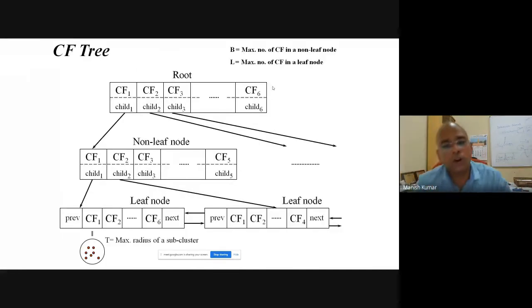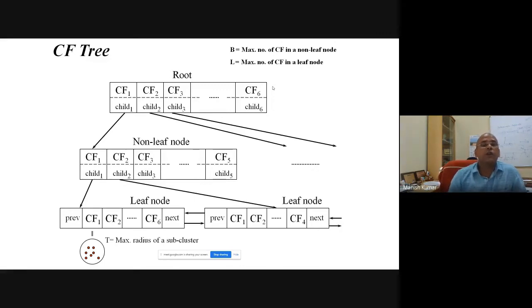This is a snapshot of one BIRCH clustering outcome. You have the root, then you have several branches. Each of the nodes has a set of clustering features. Just take the first one.